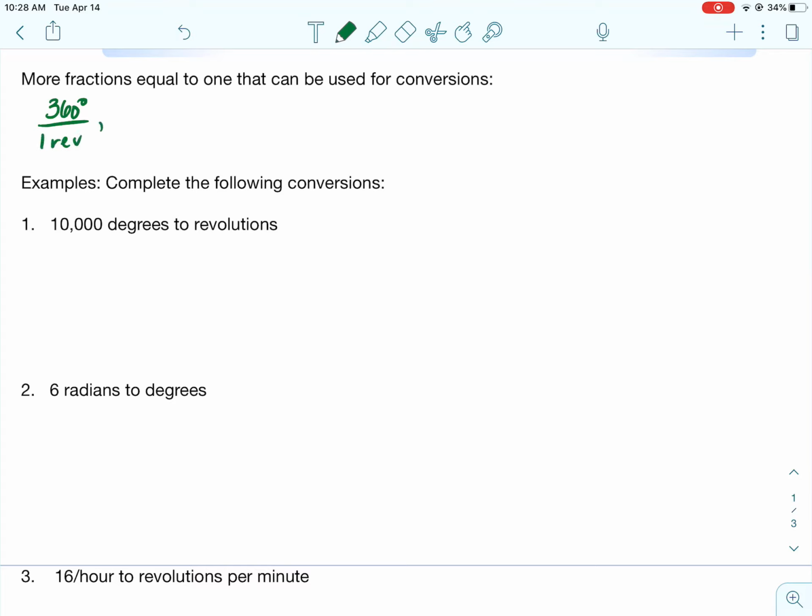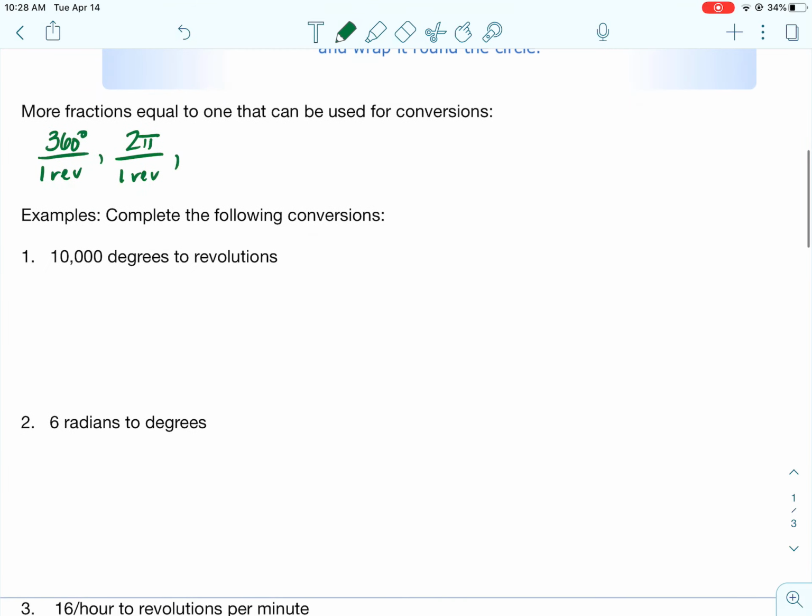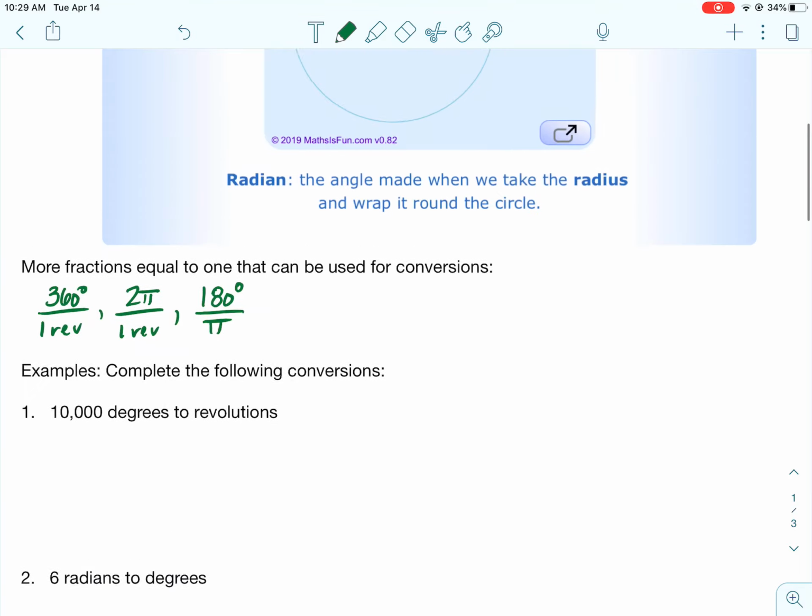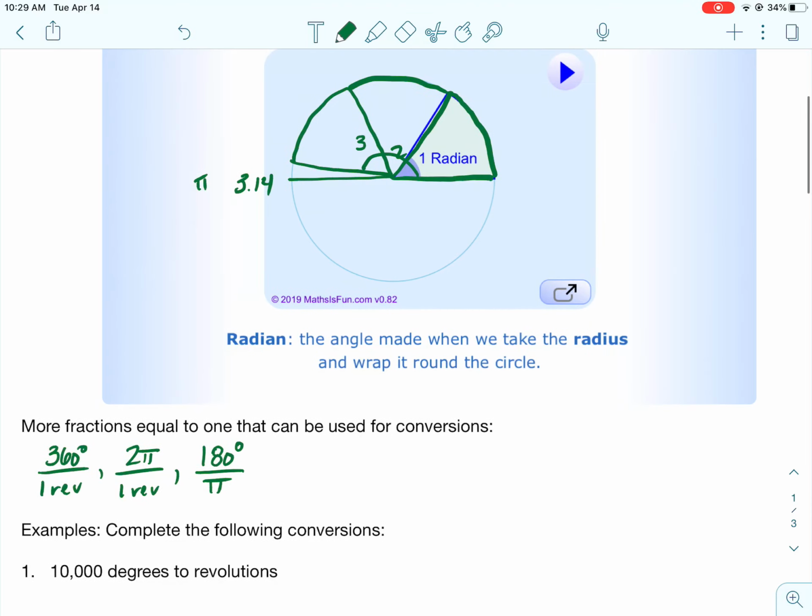Okay, so some fractions that are equal to 1 that we can use for conversions. For degrees, we could use 360 degrees in 1 revolution. Also, for radians, it would be 2 pi radians in 1 revolution. And then for degrees and radians, we don't really have to go all the way around.